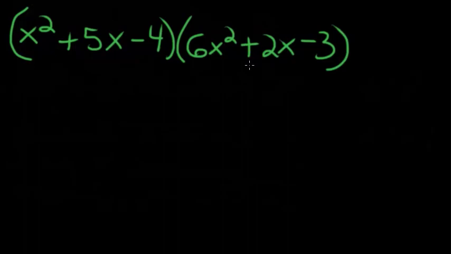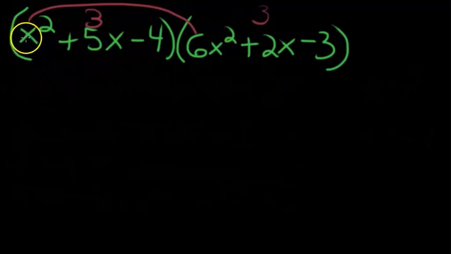Okay, now let's work this problem out together. There are 3 terms in each trinomial. So we have 3 terms here and 3 terms here. So there will be 9 terms initially once we multiply both trinomials together.